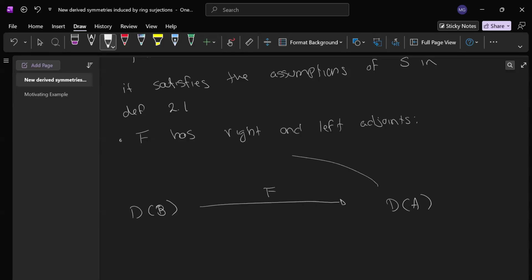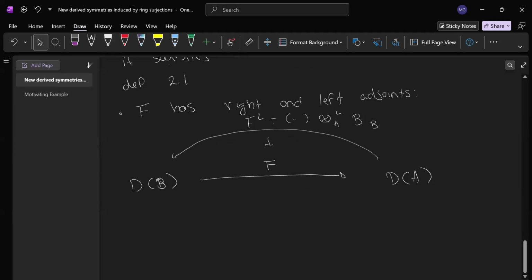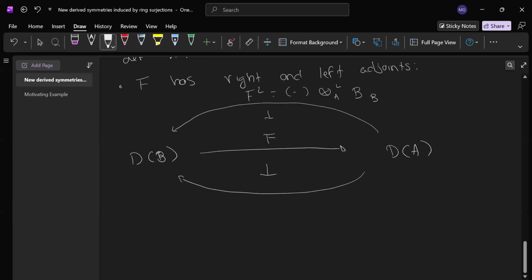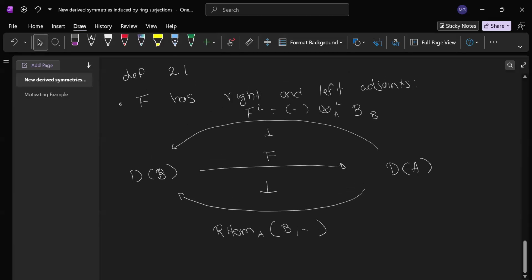So here we have F, and F has a left adjoint, which we'll call F_L, and that's just the derived tensor over A of B, seen as an AB bimodule. And it also has a right adjoint given by RHom over A of B, and we're going to call this F_R.